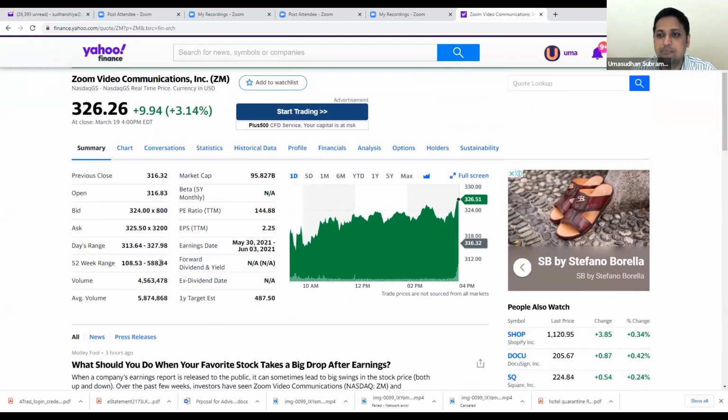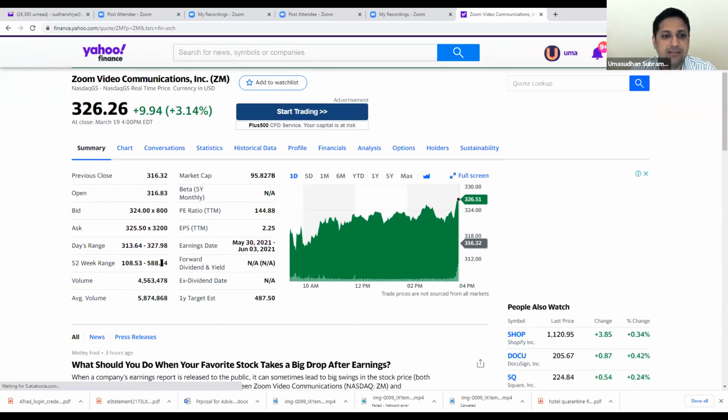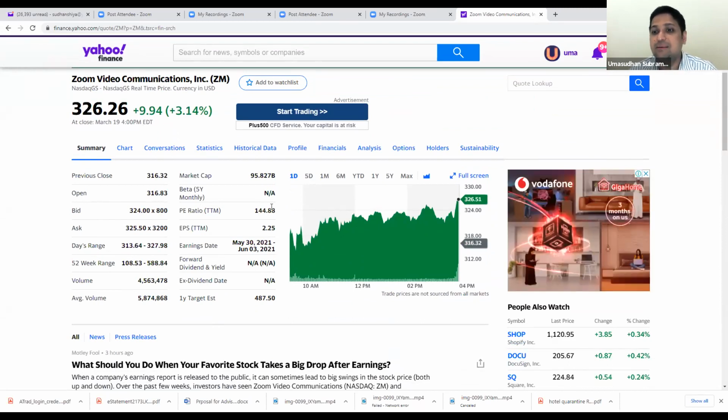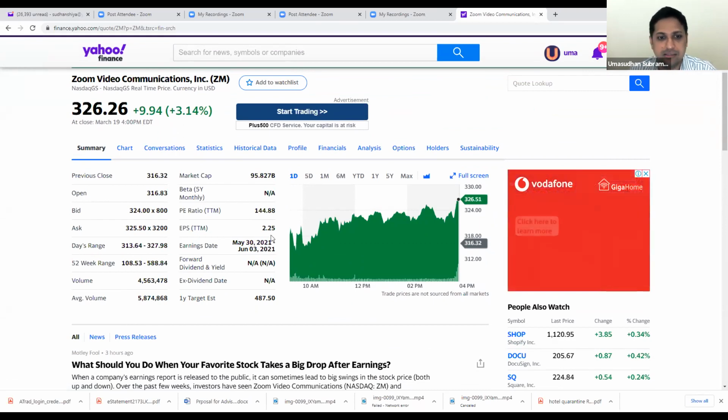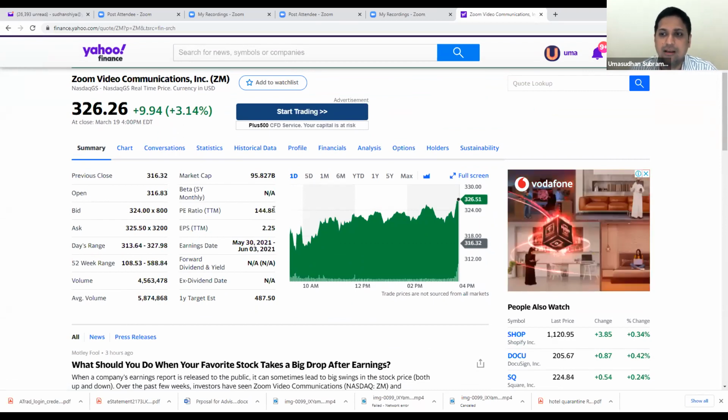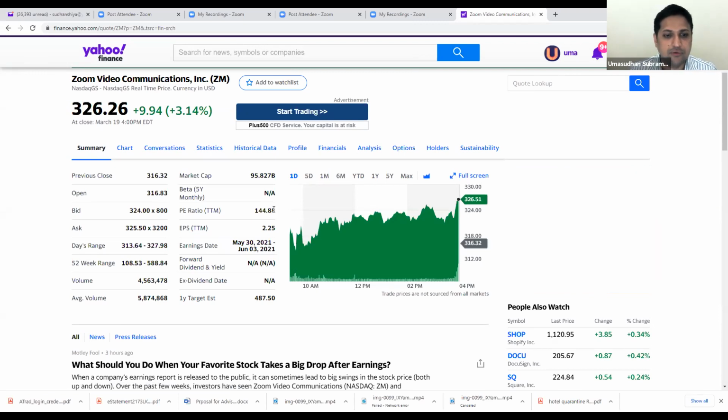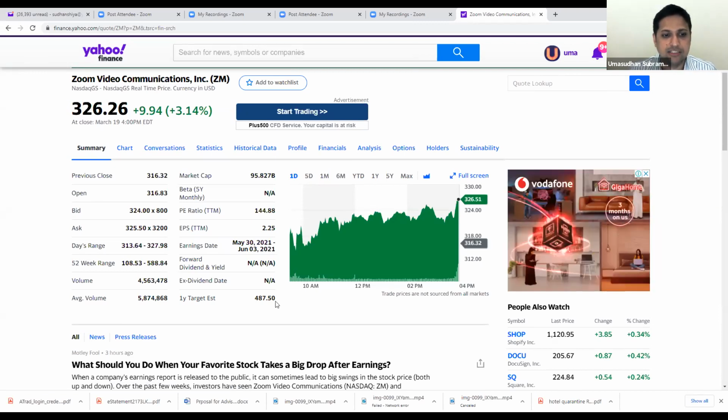That shows you the madness in the market. The stock is trading at a PE multiple of 144 times its EPS. So look at what multiple Apple is trading at and what multiple Zoom is trading at. It's one of those overvalued stocks, but still people are expecting it to go to 487, the one year target.